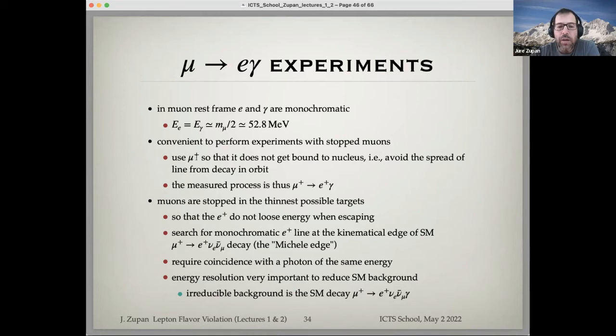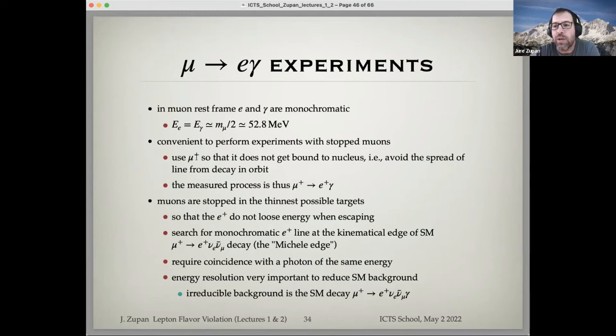Now, you want to use the mu plus, because when you stop the muon in the target, you don't want it to get bound to the nucleus. You just want it to get stopped. If it's bound to the nucleus, it will still be in orbit, so it's not a free muon.